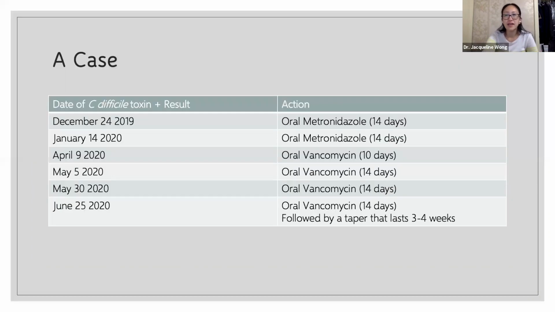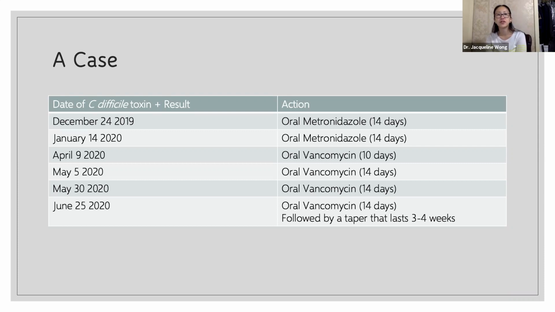The problem is this happens actually 6 times over the course of less than a year. So in December 2019, she receives a course of oral metronidazole. Again, less than a month later, she has symptoms and she tests positive and she receives oral metronidazole again. And then subsequently in April, twice in May, and in June as well.